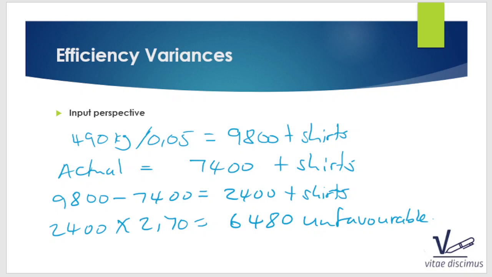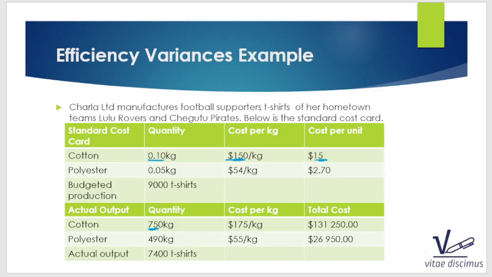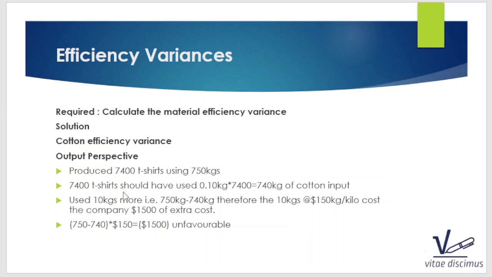So all this here is what you need to do when it comes to calculating your efficiency variances. We start with the one for cotton. This was our calculation from an output perspective.